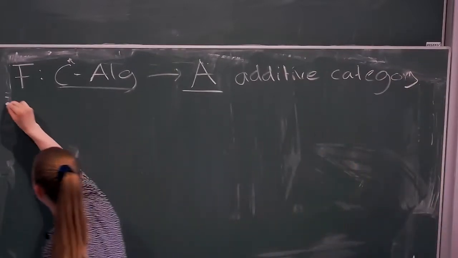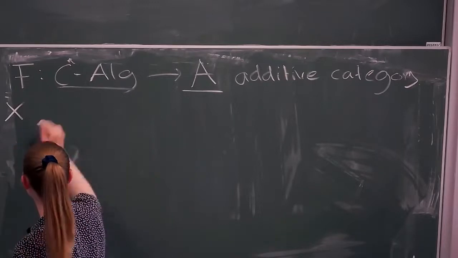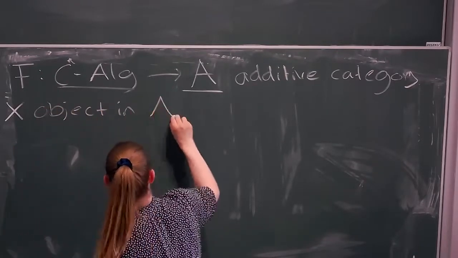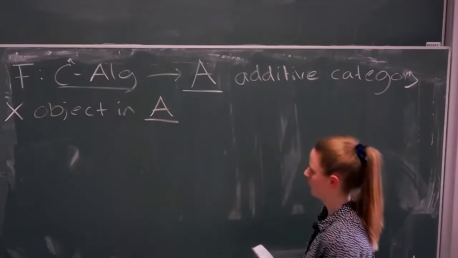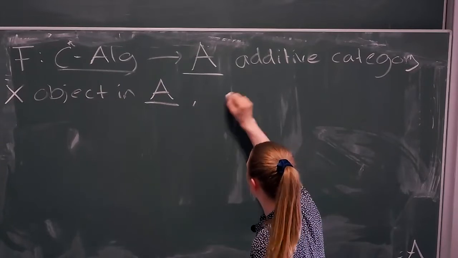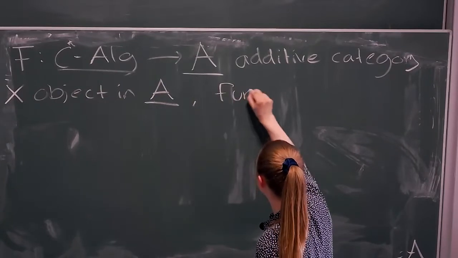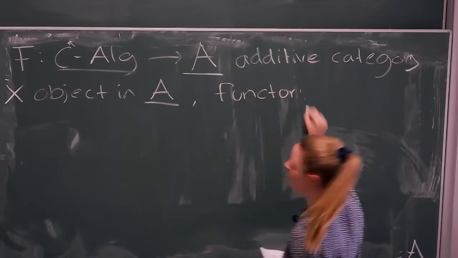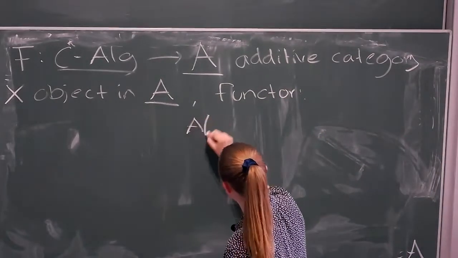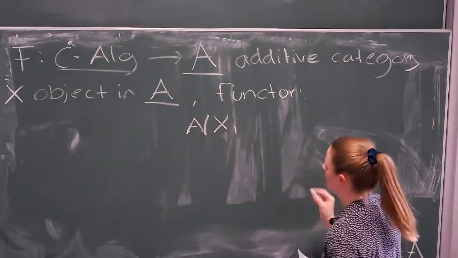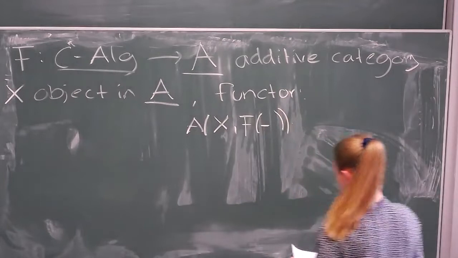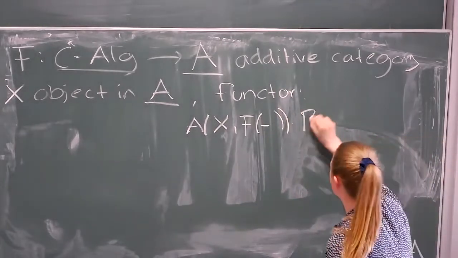If we take an object X in A, we fix such an object, then we obtain a functor, a covariant functor, denoted A_X, taking just a C*-algebra.